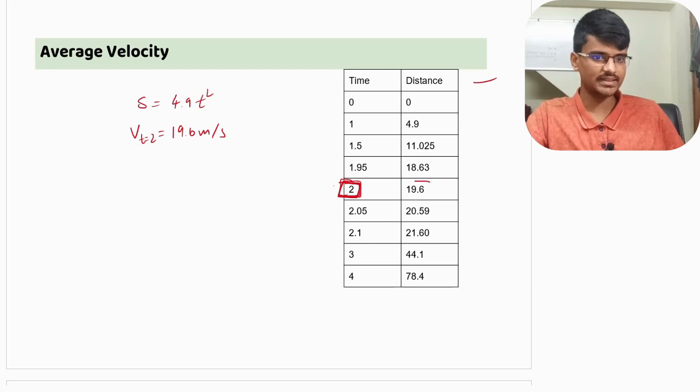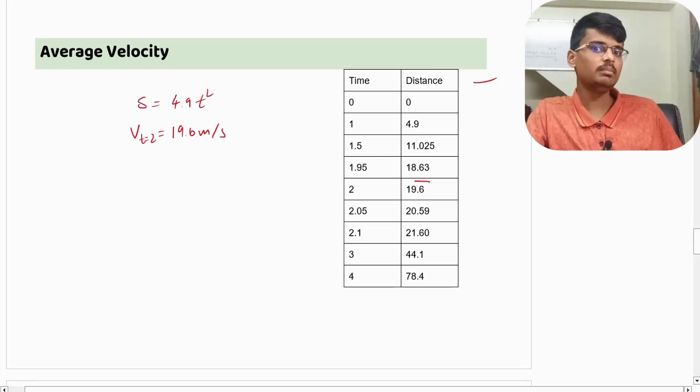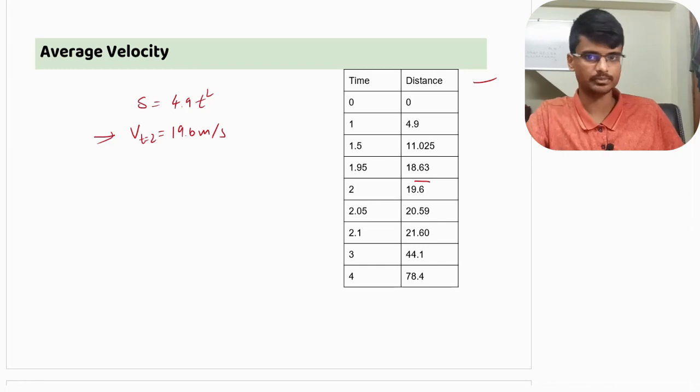This is our time versus distance, right? So till now everything is clear. Using the idea of differentiation, we will be finding out velocity at time t equal to 2 seconds, right?